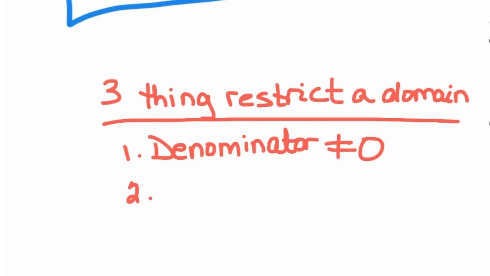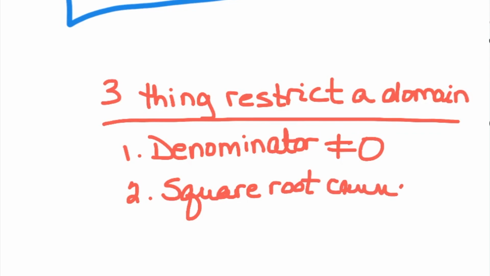The second thing is that you cannot have a square root of a negative.